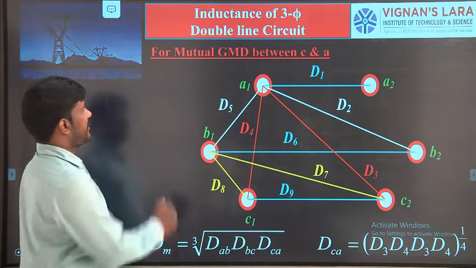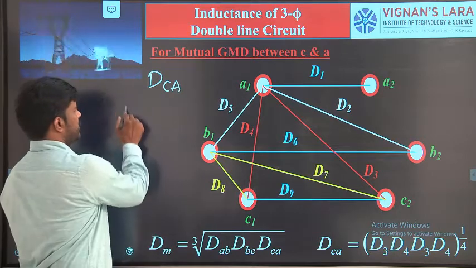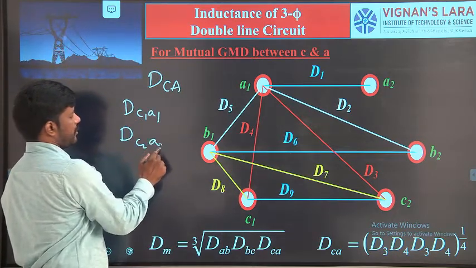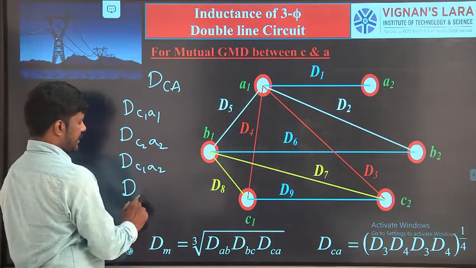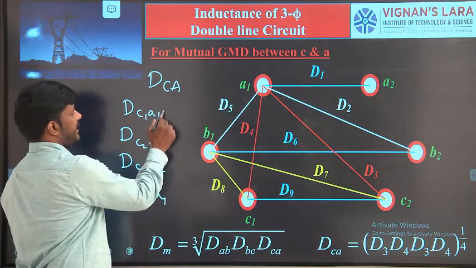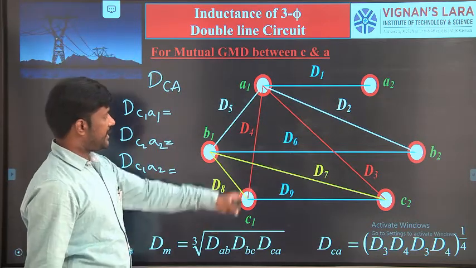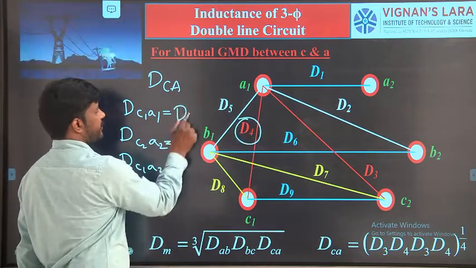C and A. What I will get is DCA with combinations. First circuit alone, second circuit alone, from 1 to 2, 2 to 1, identify the distances and get the product. C1 A1: this is C1 and this is A1 with red color, D4.